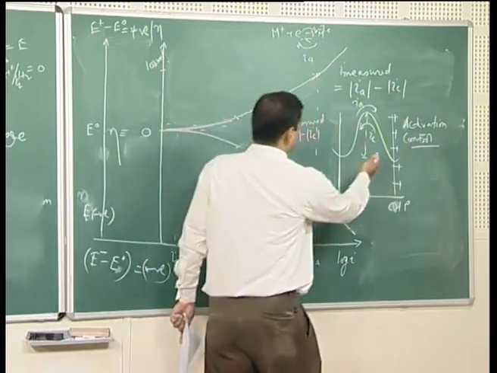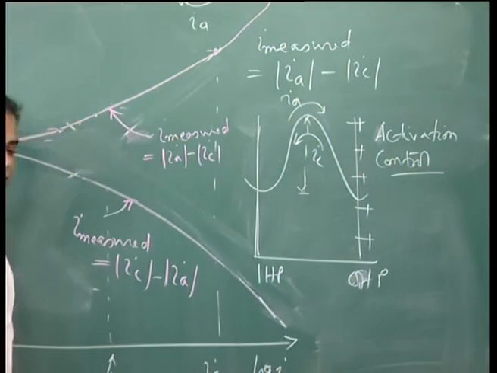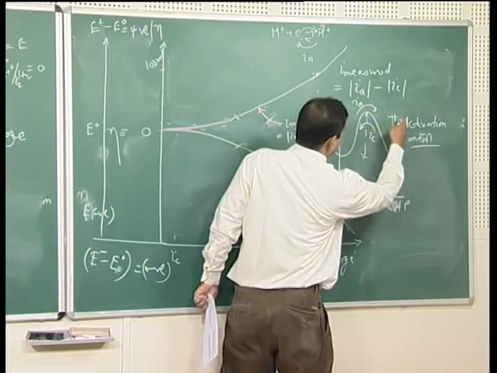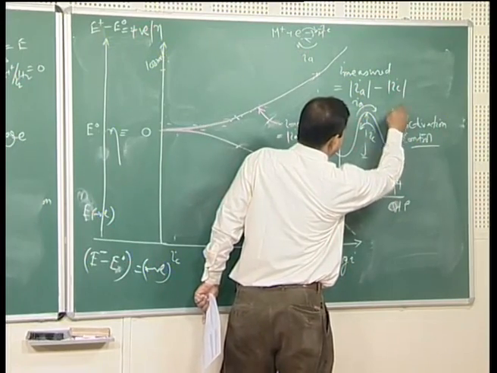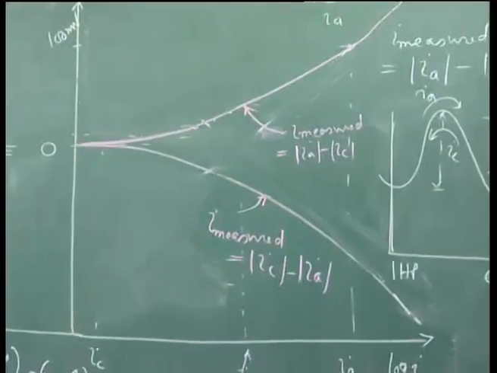Now, let us say the rate at which the positive charges are getting deposited on the IHP, the inner Helmholtz plane, exceeds the rate at which further positive charges are being supplied from the bulk solution. Let us understand this more carefully.